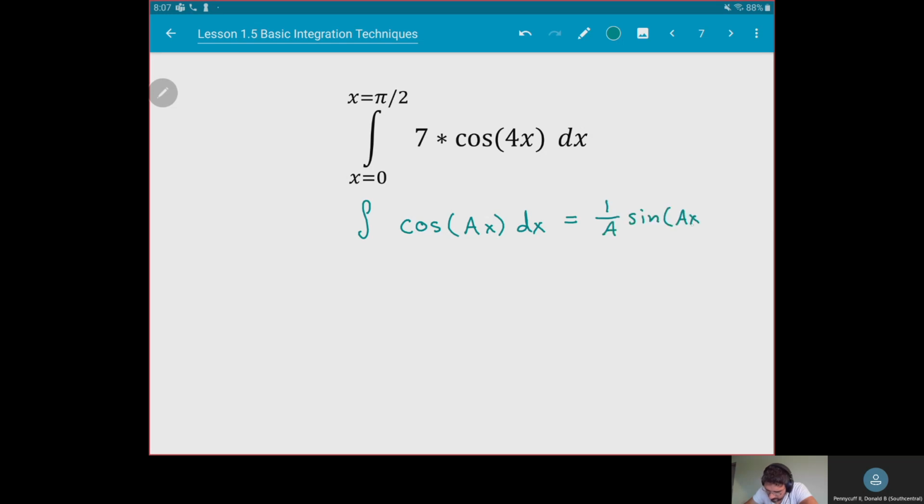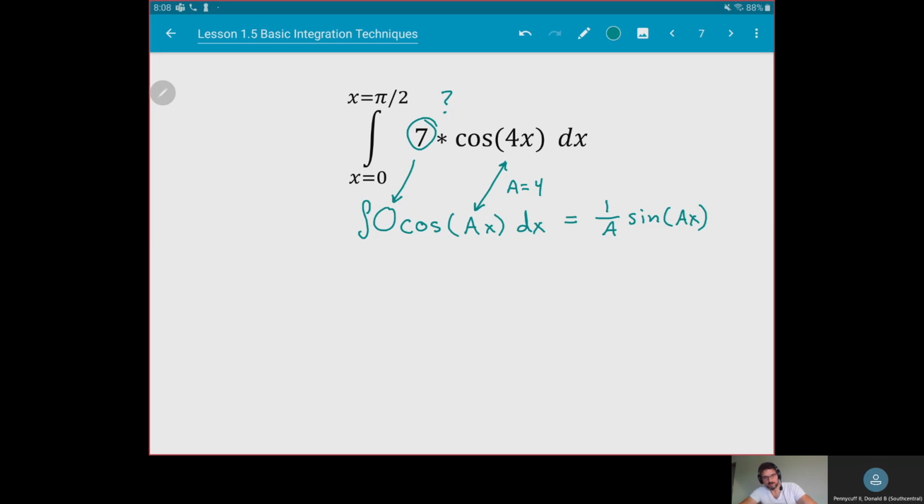That's what my formula says on the left-hand side. And it's almost a perfect match. Boom. A is the 4. Now the problem is this 7. There's nothing down here for it. And that's a problem. When it comes to using integral tables, it has to be an exact match.